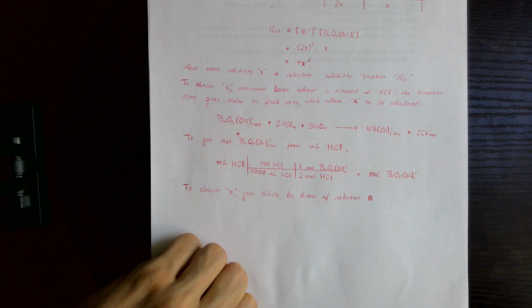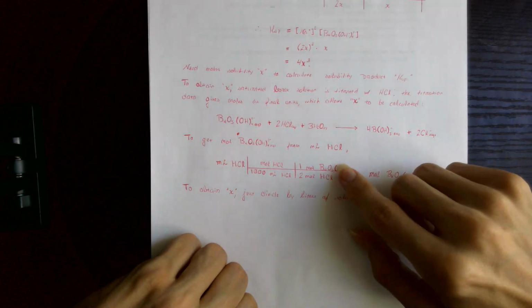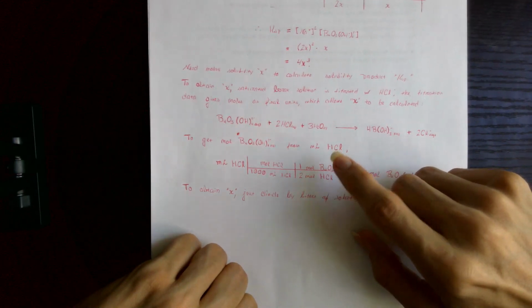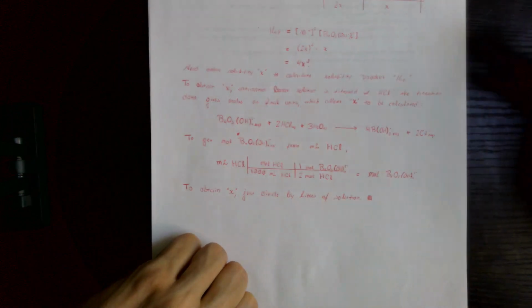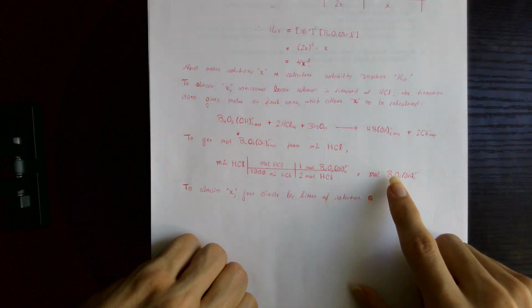Then to get the molar solubility, all you have to do is take the moles of triborate that you recorded in column E and divide by the volume of the sample. And for each sample, the volume is 5 milliliters. So when you calculate your molar solubility, you need moles per liter, right?